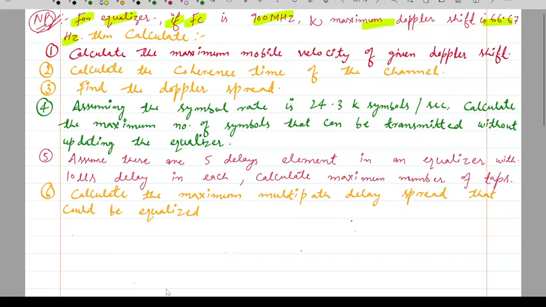Basically, take the example of an ambulance siren. When the ambulance is coming toward us, it is playing its siren and we hear the sound of that siren increasing as it comes toward us.